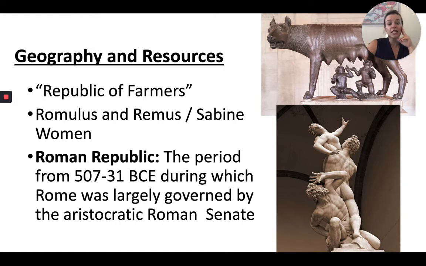And the kingship is going to be eliminated in about 500 BCE when representatives of the senatorial class, these are our large landowners, overthrow the last king and establish a republic, right? So this is the Roman Republic that we all know and love.